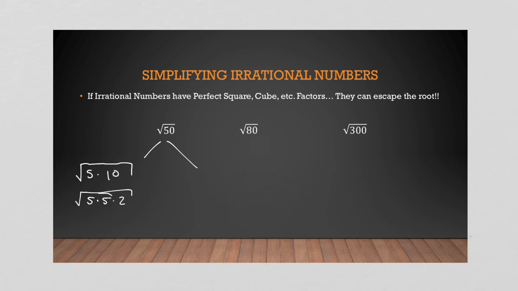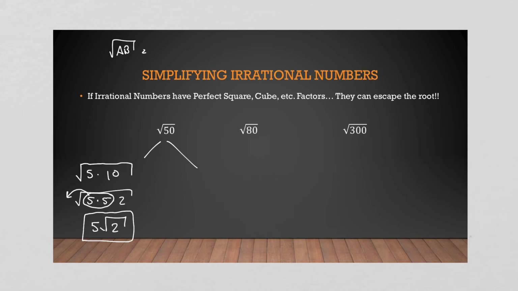I have 2 identical factors, so 2 become 1 on the outside, and I end up with 5 times root 2. That's one way to do it, and 5 times root 2 is a number. It's a lovely number.